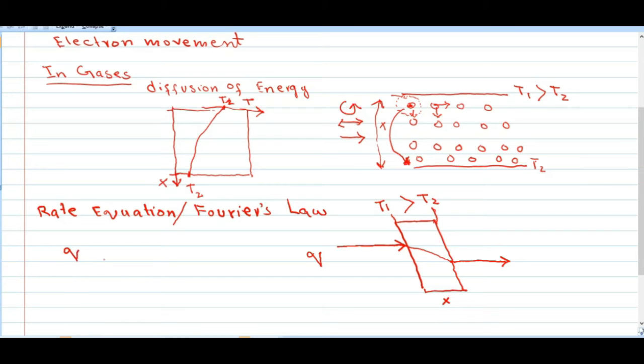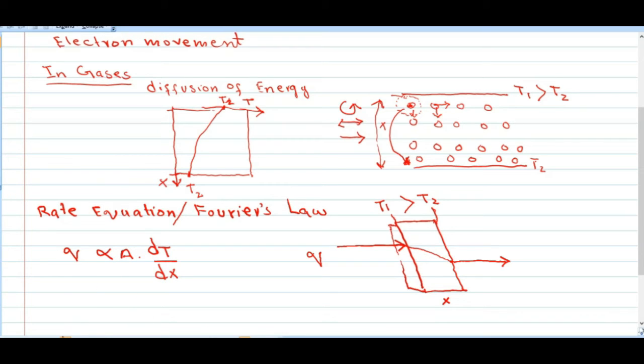Q is proportional to the area perpendicular to the direction of flow of heat, this area. And also the rate of heat transfer is proportional to the temperature gradient dT over dx.